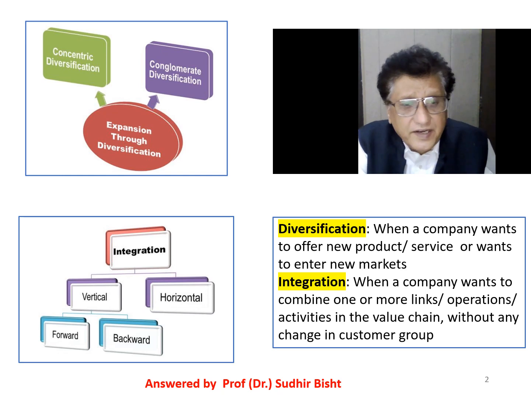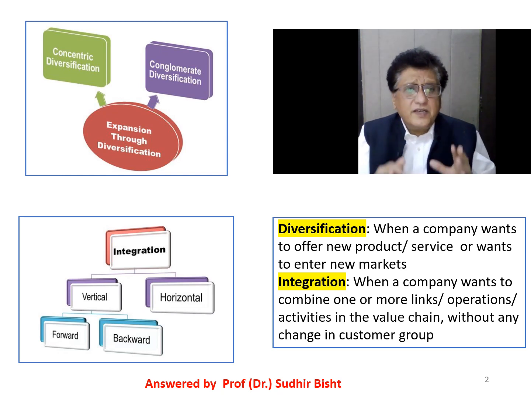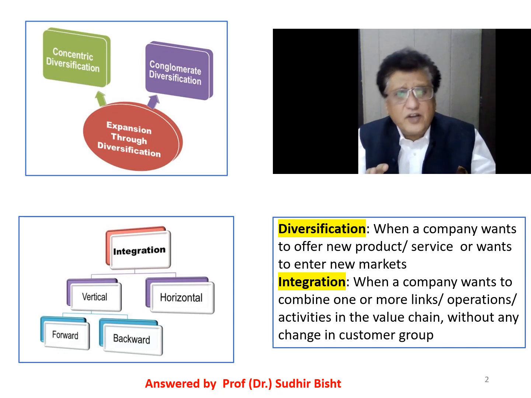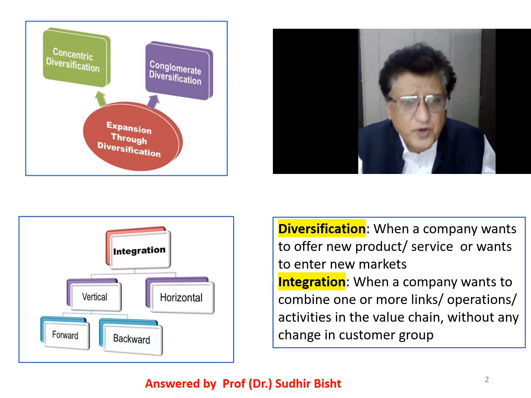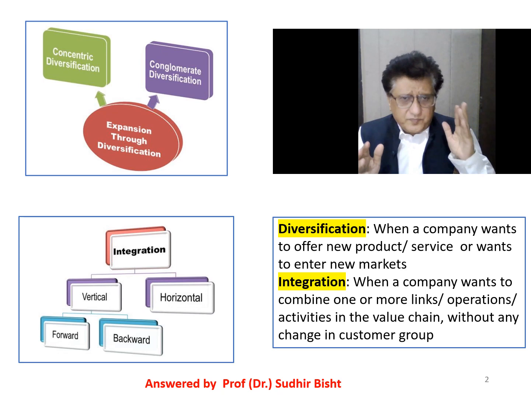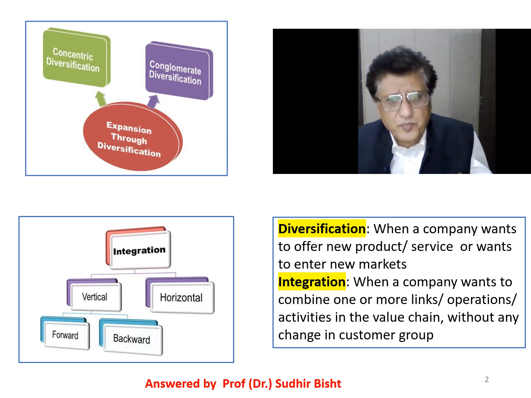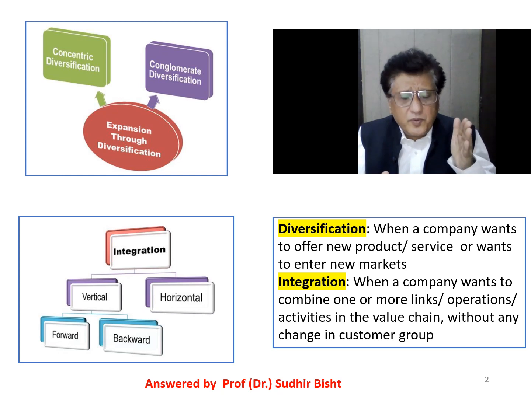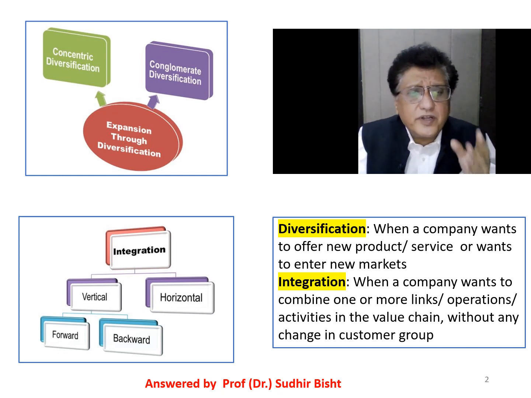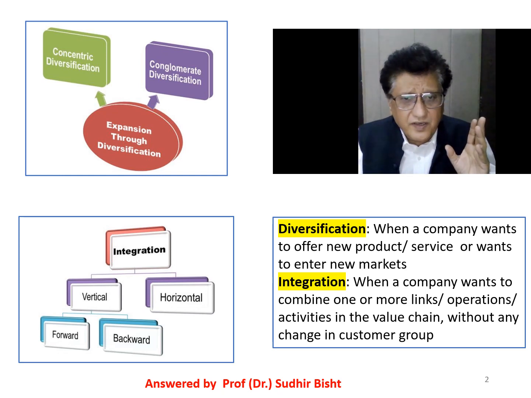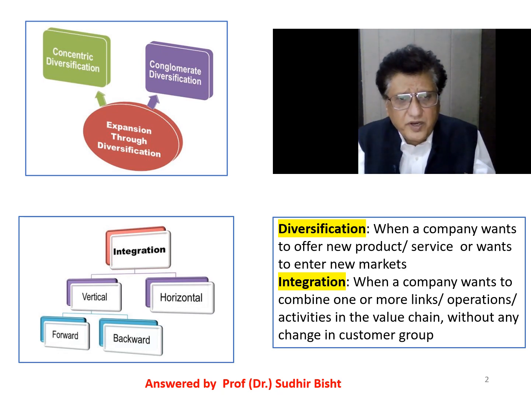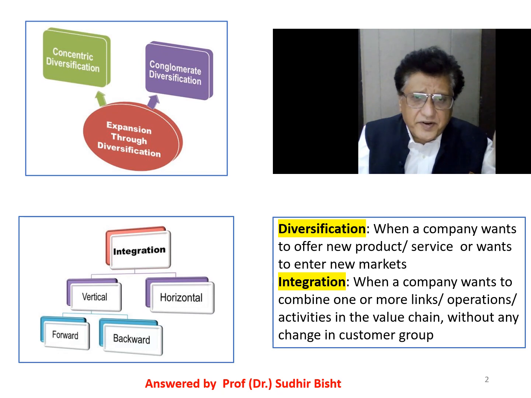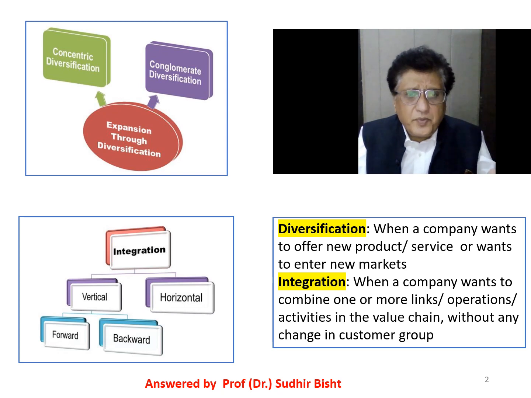The other is horizontal integration. Horizontal integration is made when you take over the same kind of product with similar marketing or production level. Let us say there is a pharmaceutical company A which is manufacturing over the counter pain relievers like paracetamol.